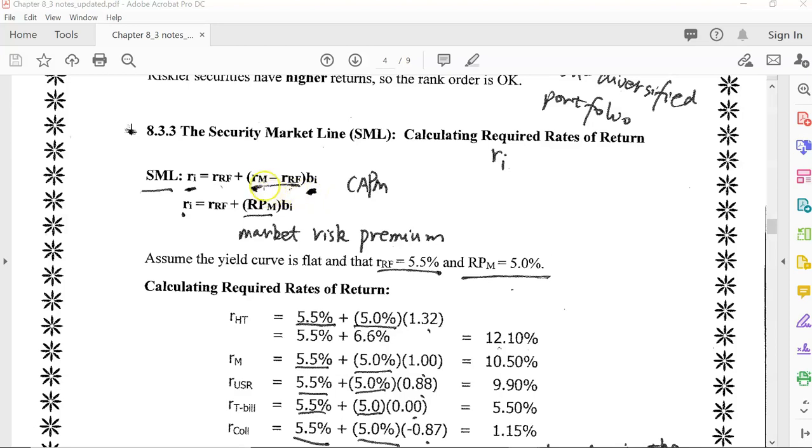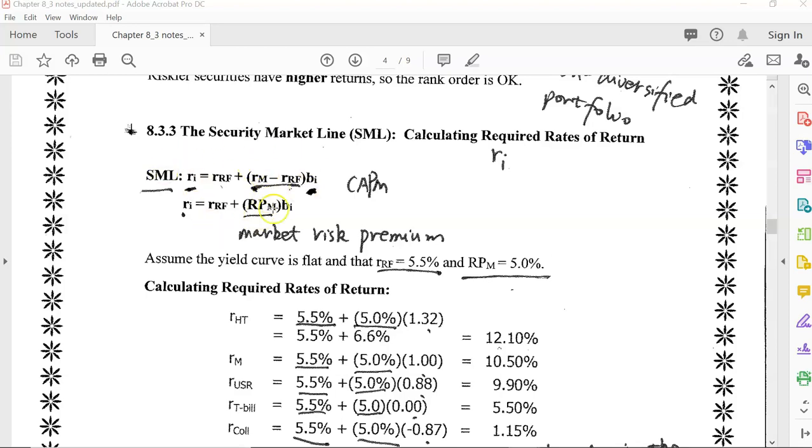We replace this difference in the bracket, Rm minus Rrf, by RPM, representing the risk premium of the market. We can use MRP to stand for market risk premium. We can also use RPM.